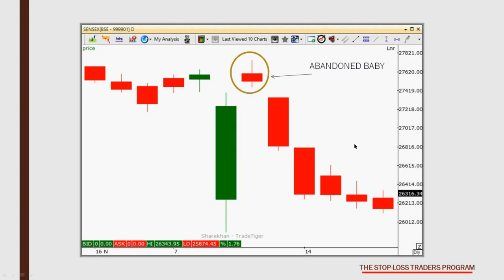Longer the consolidation, there are more candles than in the abandoned baby. So bigger the accumulation or distribution is, bigger the bounce from it is, right? So you're right, correct. You are very much correct. And I think you are paying close attention, Anshul. This is something I mentioned in the review of accumulation and distribution. Yes, so you're right.